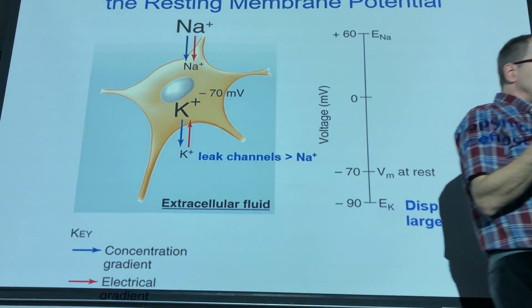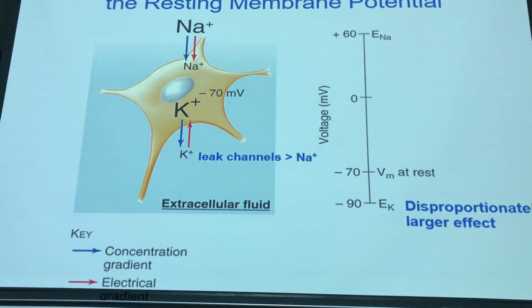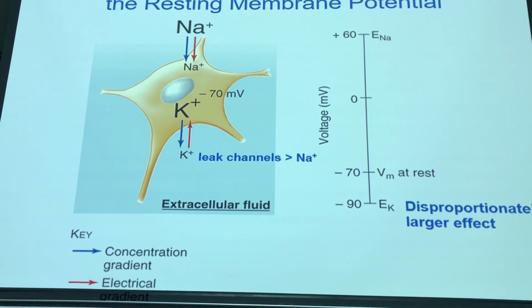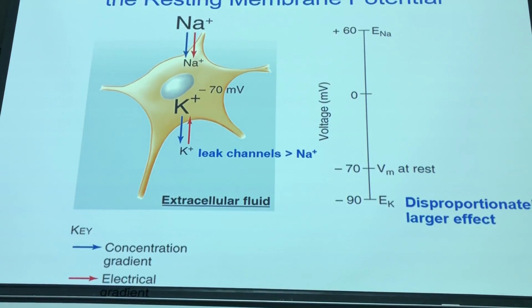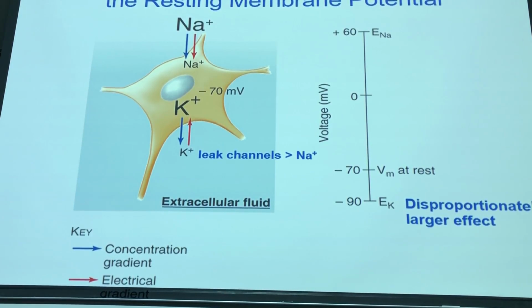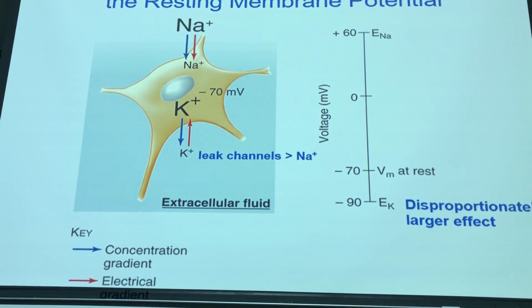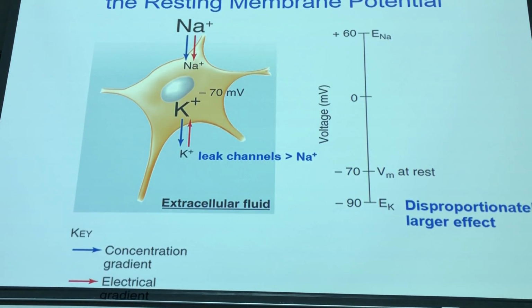Remember I just said the permeability of the ion will create a greater part of that equilibrium potential in the Nernst equation. Because these are leak channels, which means they stay open all the time. They're not ion gated, they're not specially controlled. So potassium tends to leak through them more than sodium.